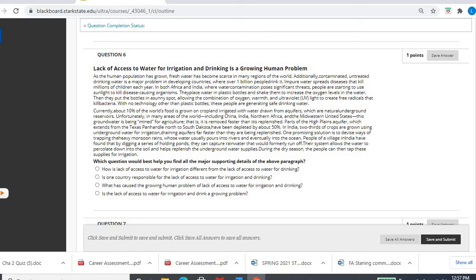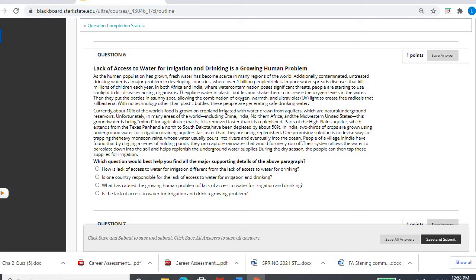The title is Lack of Access to Water for Irrigation and Drinking is a Growing Human Problem. It reads, as the human population has grown, fresh water has become scarce in many regions of the world. Additionally, contaminated, untreated drinking water is a major problem in developing countries where over 1 billion people drink it. Impure water spreads disease that kills millions of children each year.